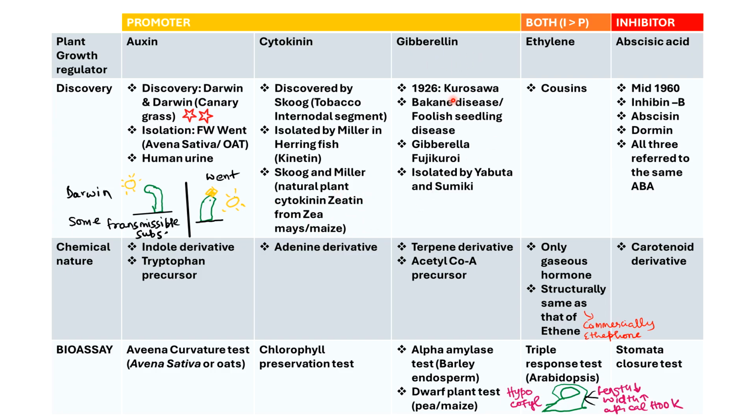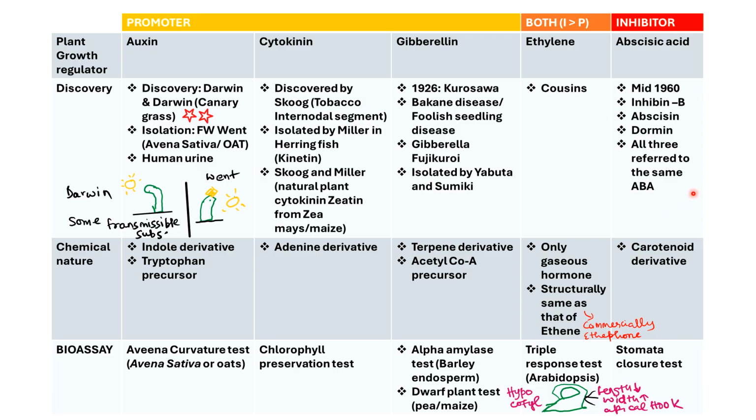Gibberellin was discovered by Kurosawa from rice plants suffering from Bakanae disease, or foolish seedling disease, where rice plants showed abnormal elongation caused by Gibberella fujikuroi. Isolation was done by Yabuta and Sumiki. Ethylene isolation was done by Cousins. Abscisic acid: three scientists named the same thing, inhibitor B, abscisin, dormin.